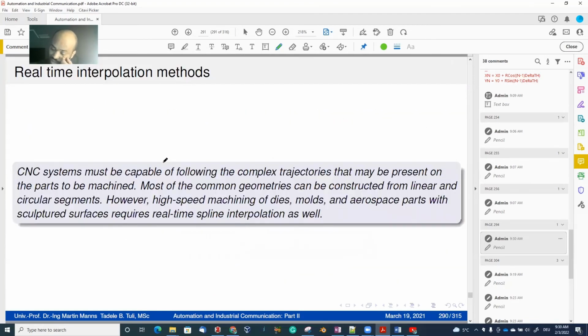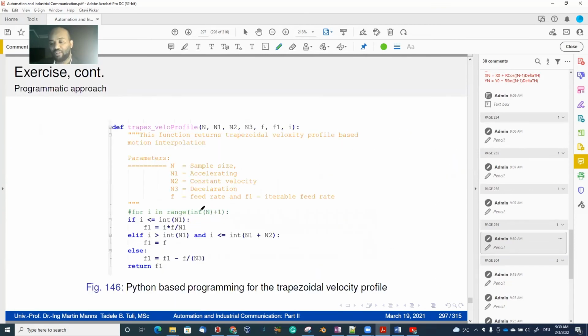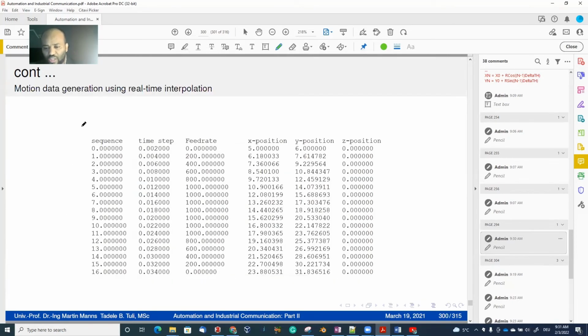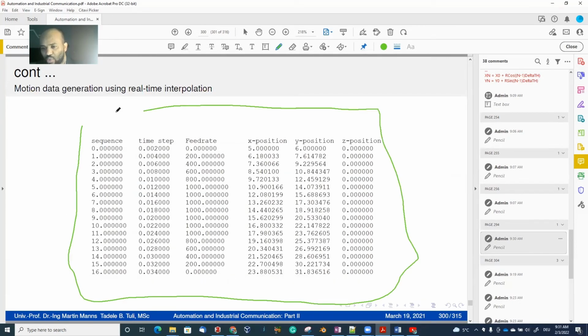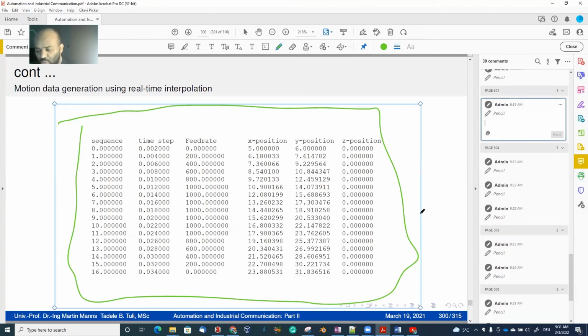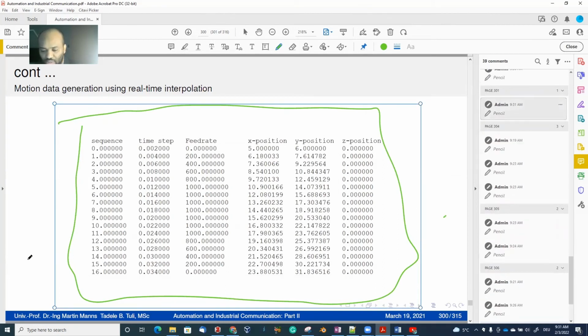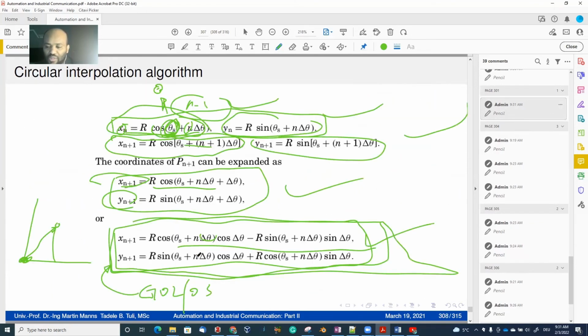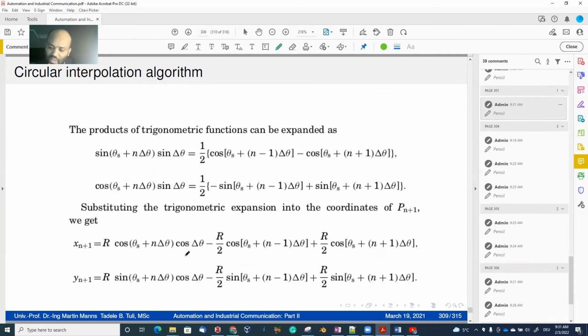I didn't share the code, but we already implemented, about 2 years ago, how to generate this with G01. I will share the code later on the module, or maybe on GitHub. The point is, if we have to control a numerical control machine, then we have to implement this mathematics into code.